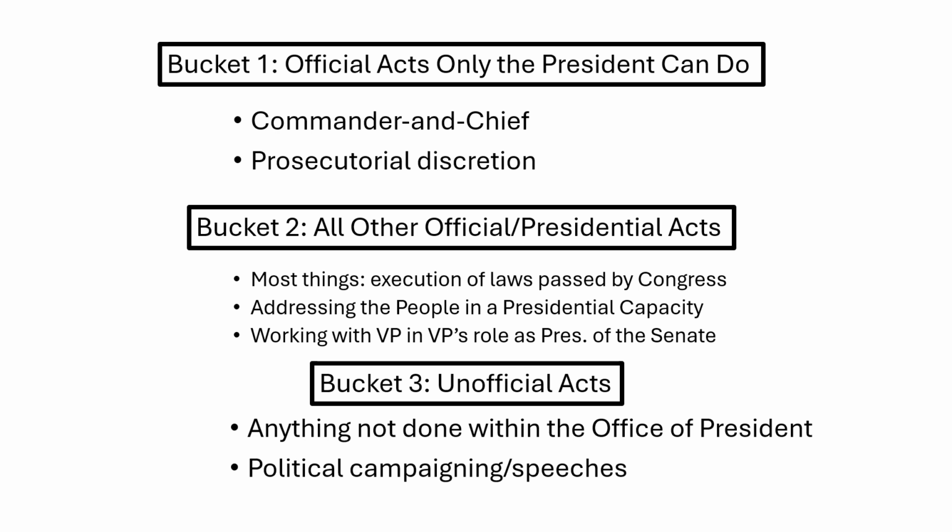I don't love this being in bucket 1, but it is in bucket 1. It makes sense why it's in bucket 1, and it's pretty consistent with the rest of our law. Prosecutors already enjoy quite a lot of protection for their prosecutorial discretion. And we'll get into some reasons why, because it's actually pretty hard to do bad things with abuse of prosecutorial discretion, because you'll usually run into problems with non-criminal laws.